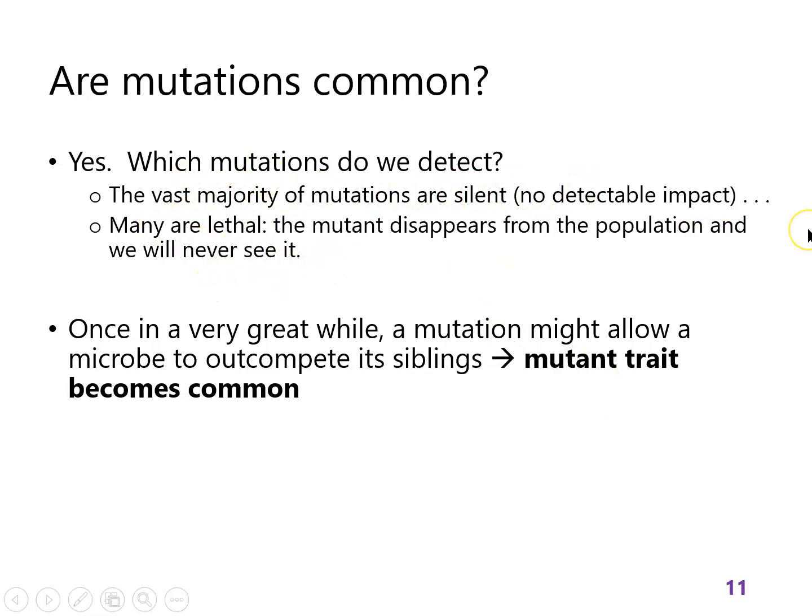And it's rare that a mutation is going to really change the behavior of a cell in a way that helps the cell. If that happens, that mutant trait will become common in the population. So the example we're going to see later is antibiotic resistance.